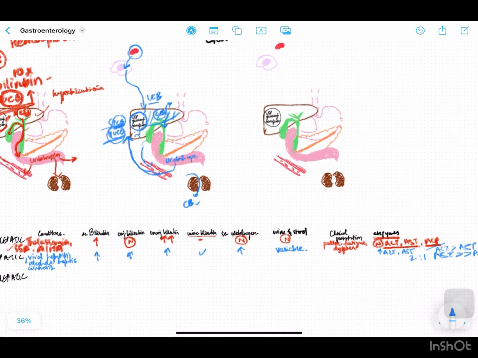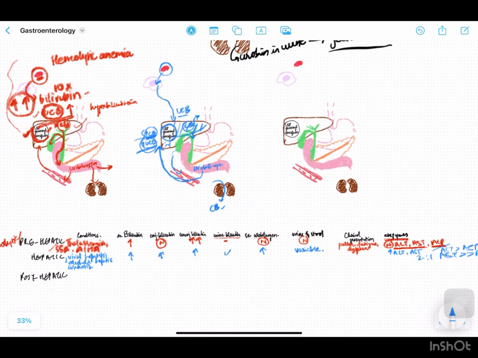And the clinical presentation will again depend on the sort of damage that the liver has seen. For example, if it is viral, they're going to have constitutional symptoms like fever, myalgias, arthralgias, and so forth.